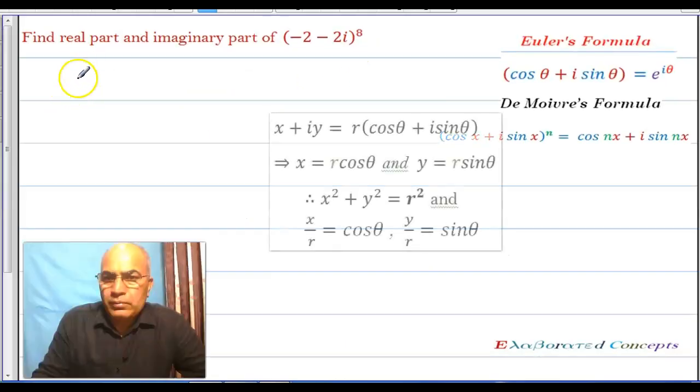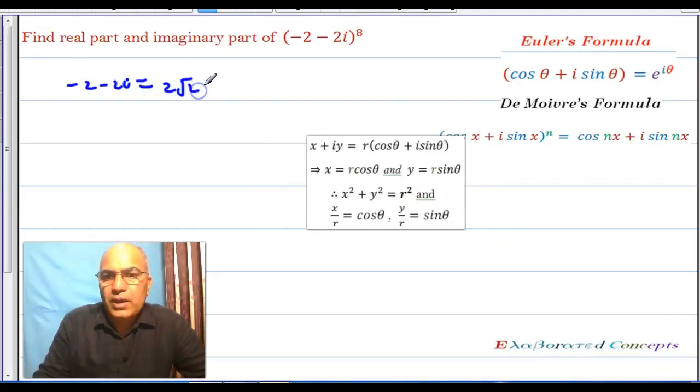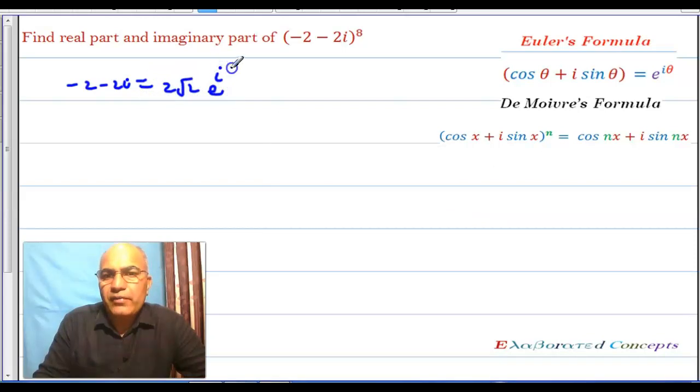So minus 2 iota equals 2 root 2 times e raised to iota 5 pi by 4, which is the Euler form of this number.